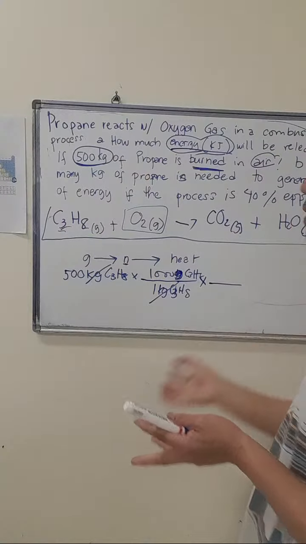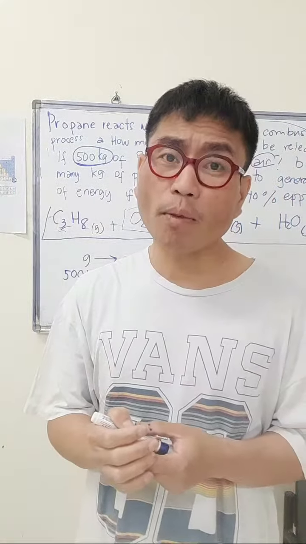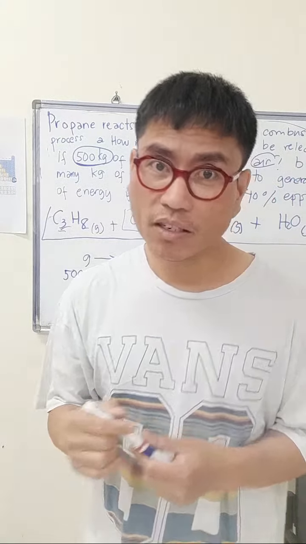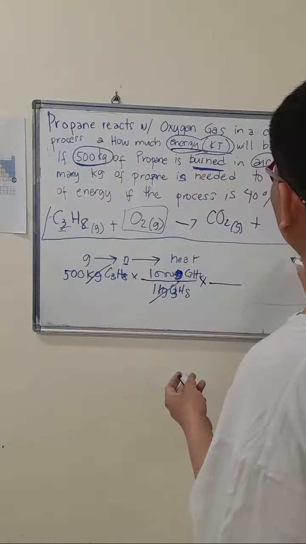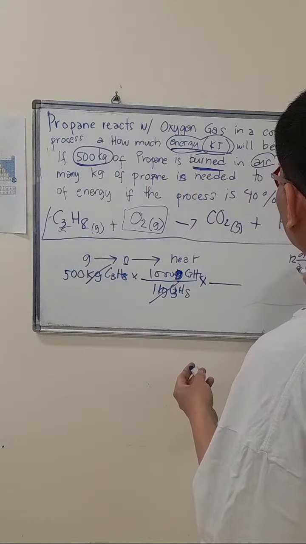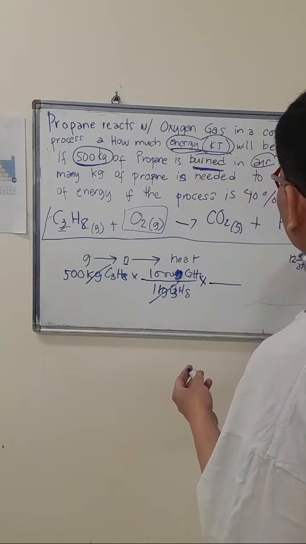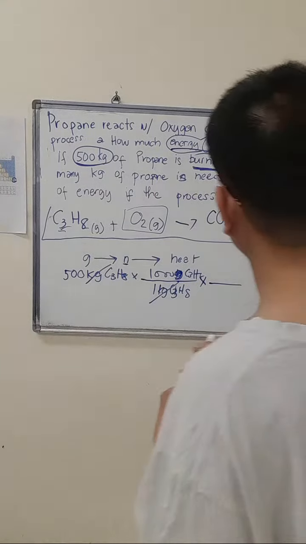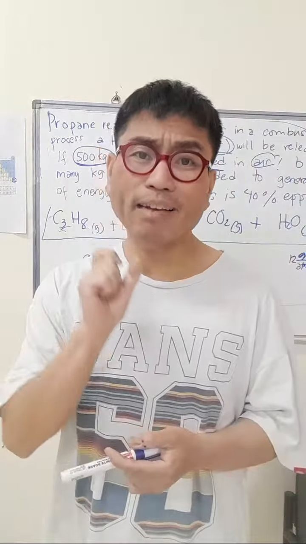For carbon, what is the atomic weight or atomic mass of carbon? That is 12, 12 grams per atom. Why atom? Because this is only a single element.